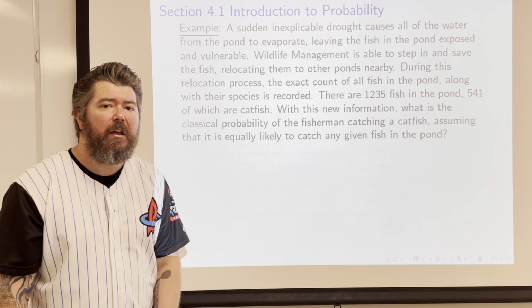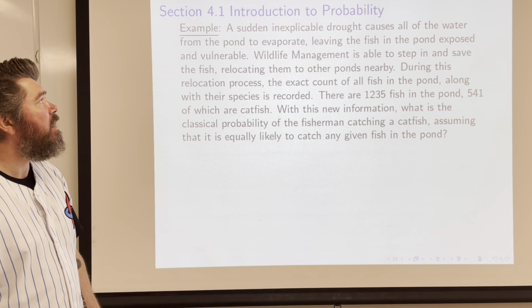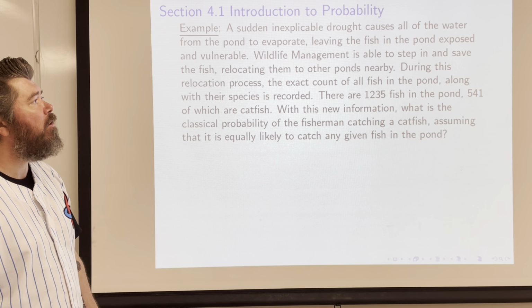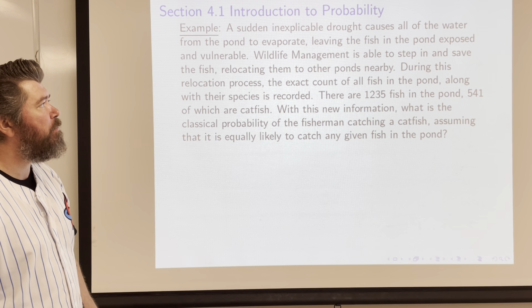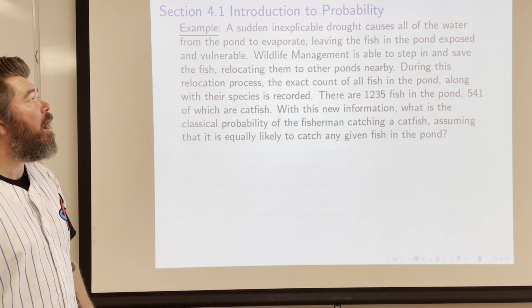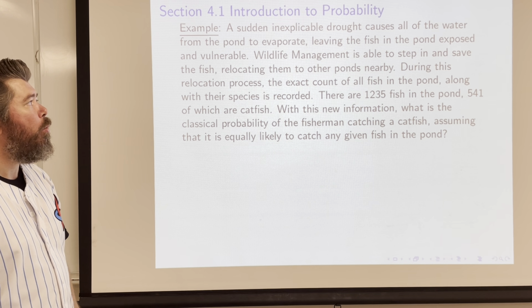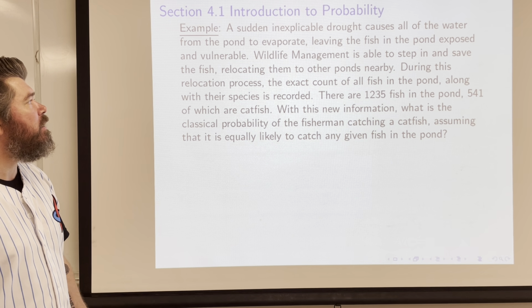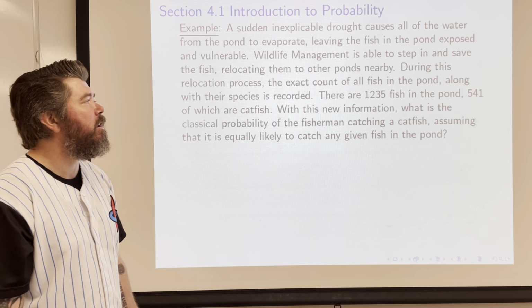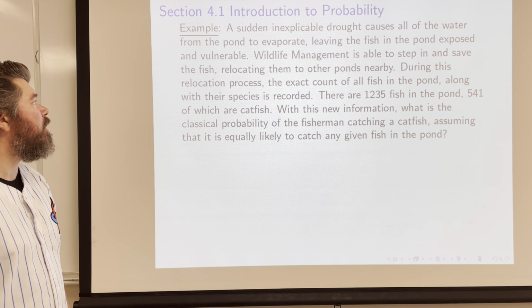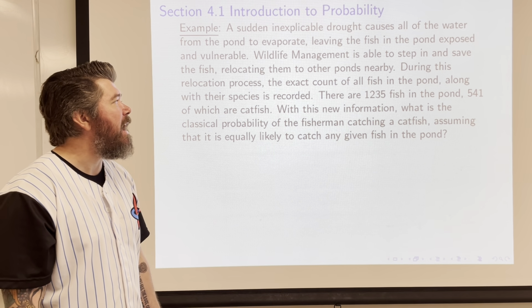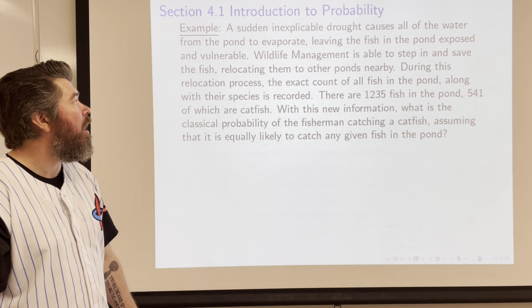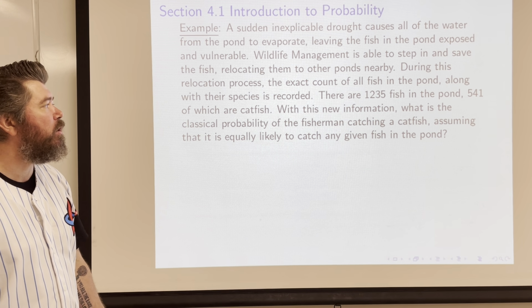So let's look at another example. A sudden inexplicable drought causes all of the water from the pond to evaporate, leaving the fish in the pond exposed and vulnerable. Wildlife management is able to step in and save the fish, relocating them to other ponds nearby. During this relocation process, the exact count of all fish in the pond, along with their species, is recorded.